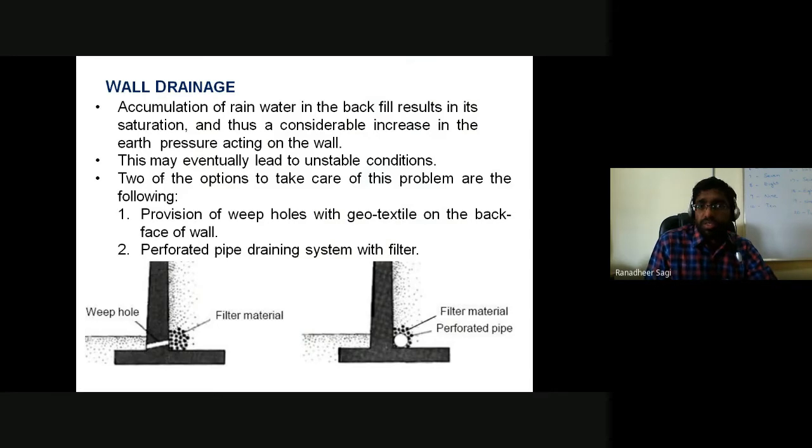So the purpose of this wall drainage, as I mentioned, is ultimately to minimize the effect of excess pore water pressures, which could result in unstable conditions of the retaining structure.